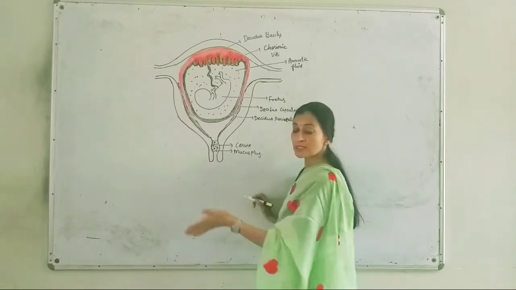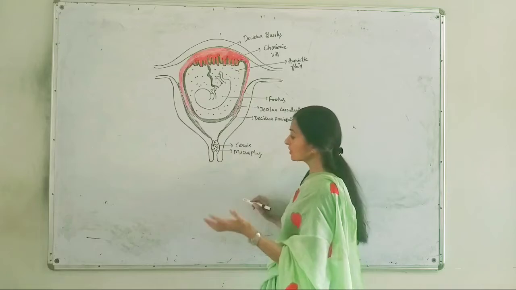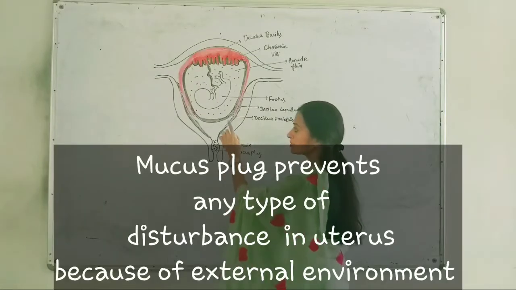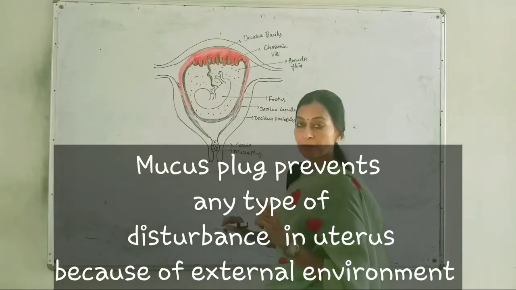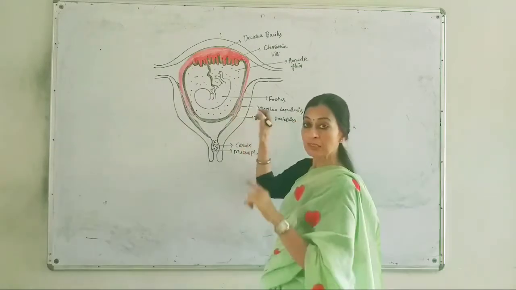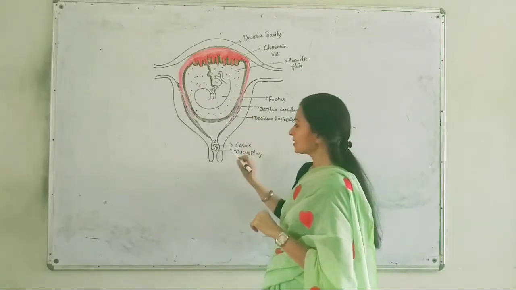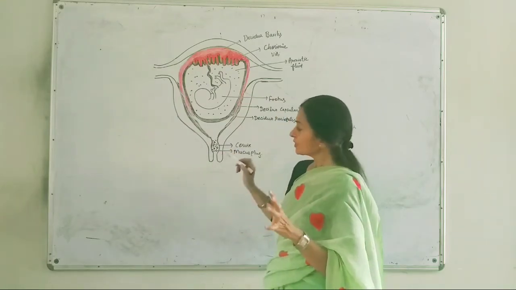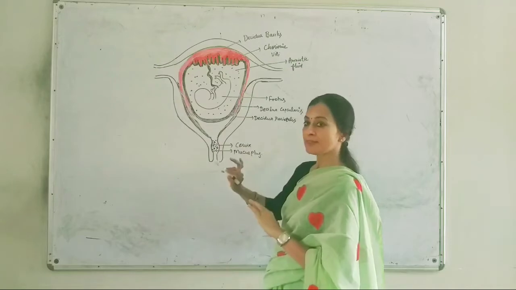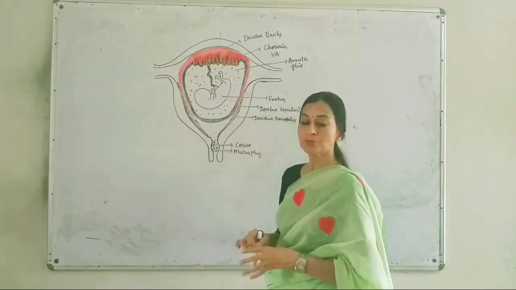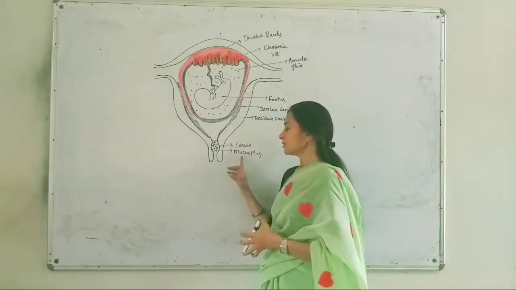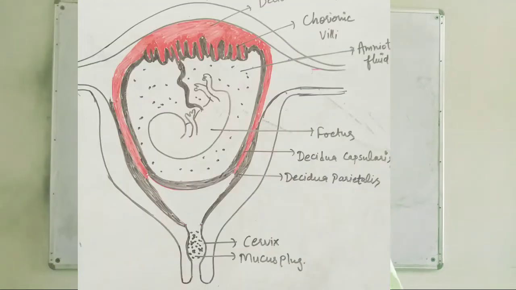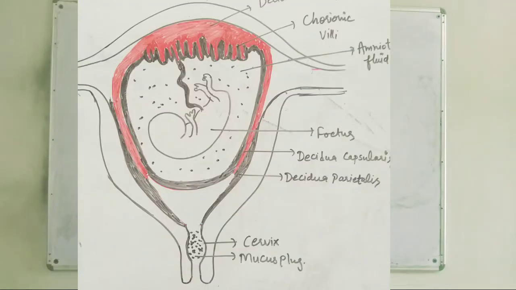The vagina is in direct connection with the external genitalia, so there should not be any disturbances during the growth and developmental period of this fetus in the uterine cavity. That's why this mucus plug acts as a sort of plug, preventing the entry of anything into the uterine cavity. So let's have a look at how parturition is going to take place now.